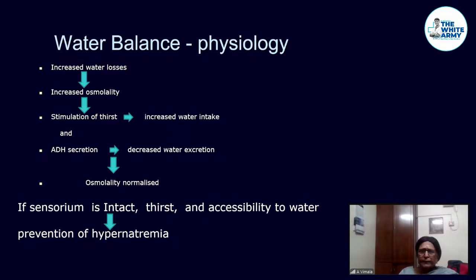So water that is lost is regained by increased water intake and decreased water excretion. So the osmolality becomes normalized. This is possible only if the sensorium is intact, the patient's thirst mechanism is intact, and the patient has access to water. Under normal circumstances, all these are intact, and so hypernatremia is prevented.